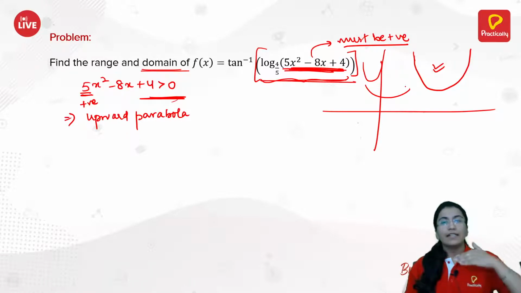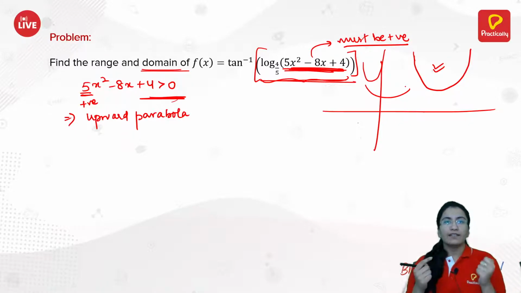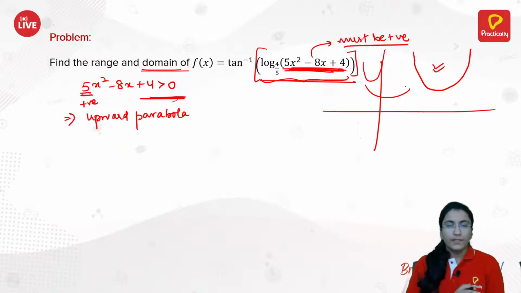If it lies above the x-axis and neither cuts nor touches it, the discriminant of the expression must be negative. Let's check whether the discriminant is negative, because this is the necessary condition for the function to be defined.